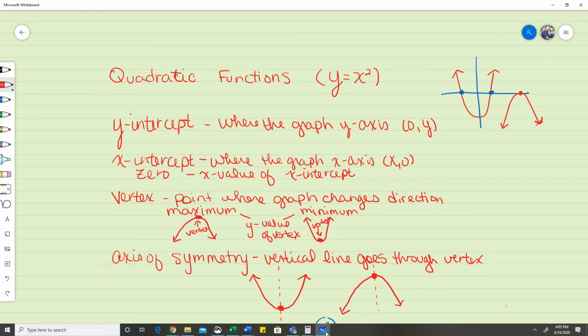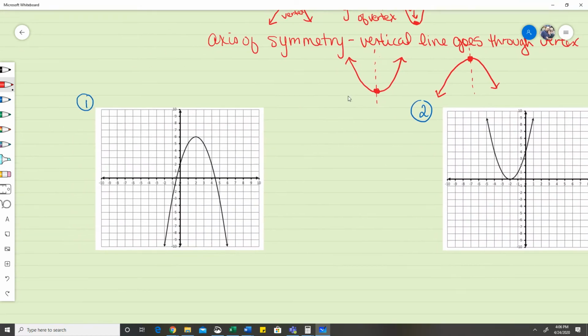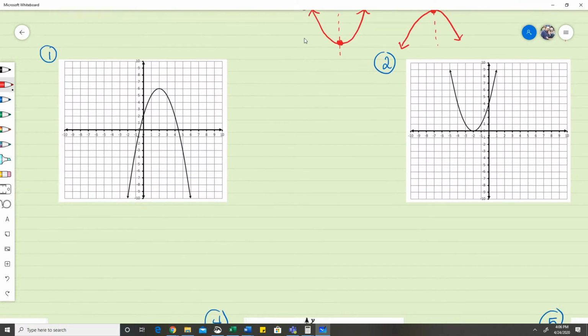Okay? So if you have two x-intercepts, each x-intercept is going to be the same distance from your axis of symmetry. Okay, so that's a nice thing about the axis of symmetry, is that it does allow you to graph things if you only have one side, or make predictions about things.